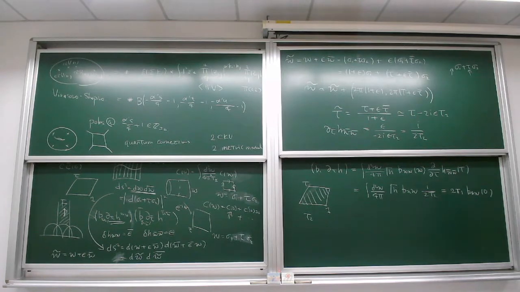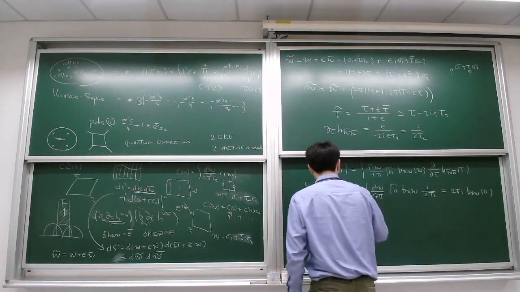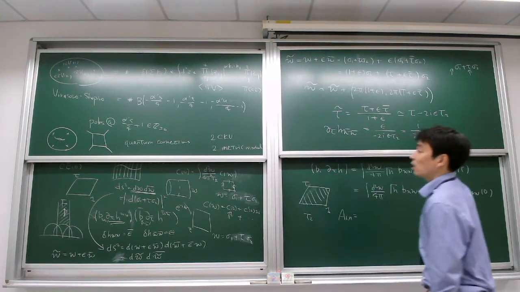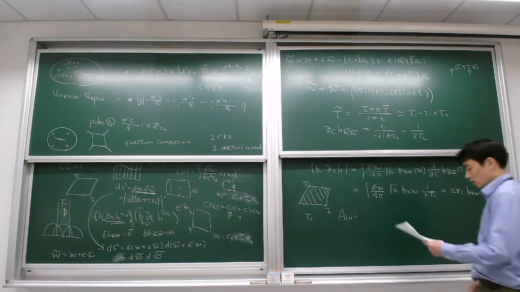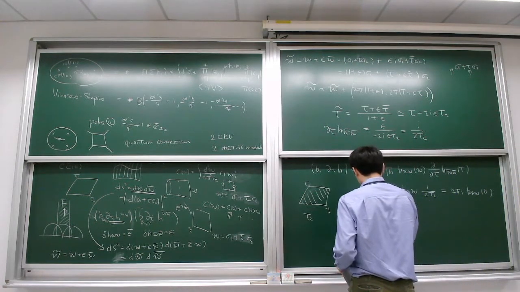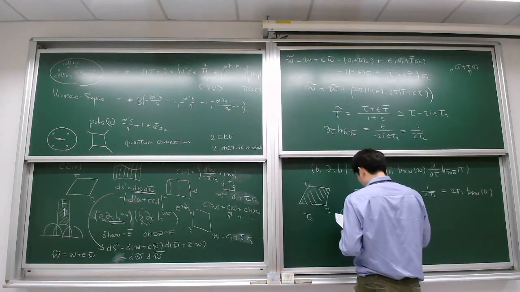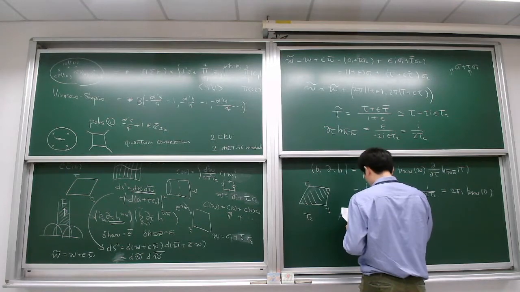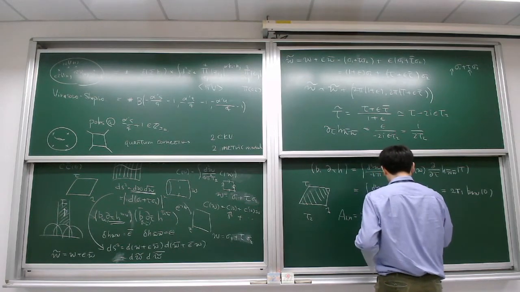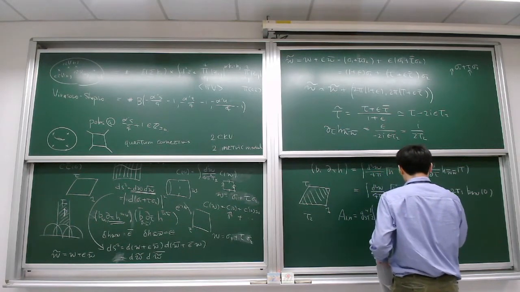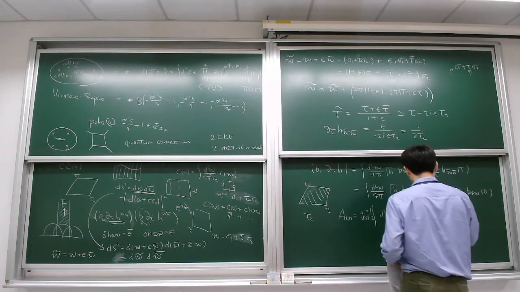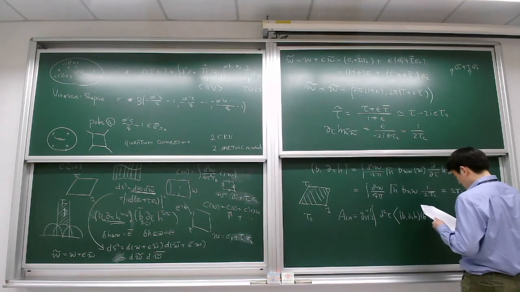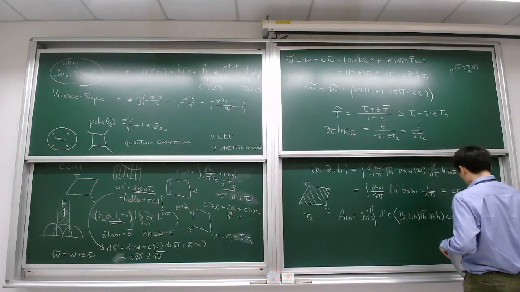So at the end of the day, what we get for the torus with n punctures, the amplitude is g_string^n, and then 1/2 d squared tau, and then you just have a bunch of insertions: c bar, and everything at zero.